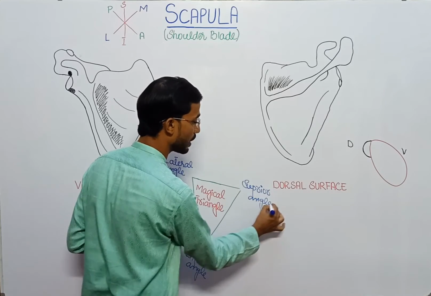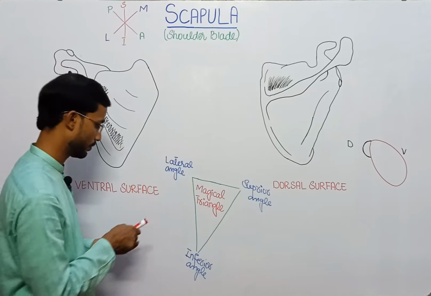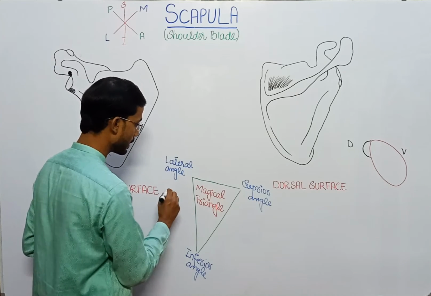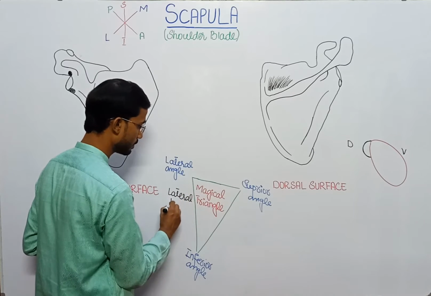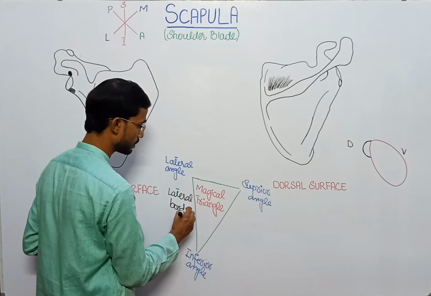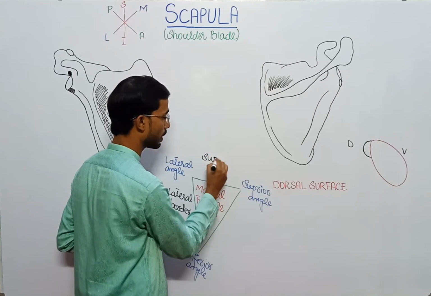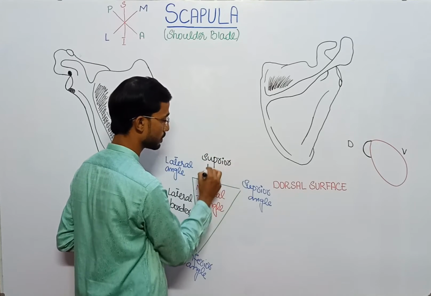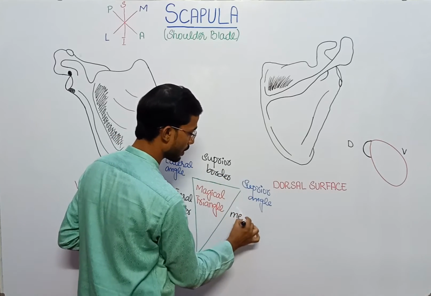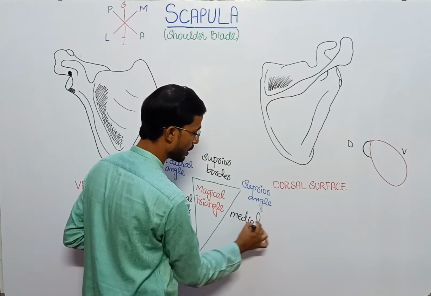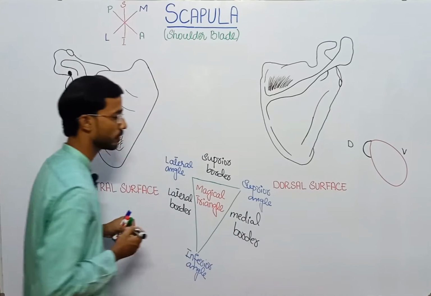So these are the three angles, and the borders will be: this is the lateral border, this is the superior border, and this is the medial border. So these are the three borders.